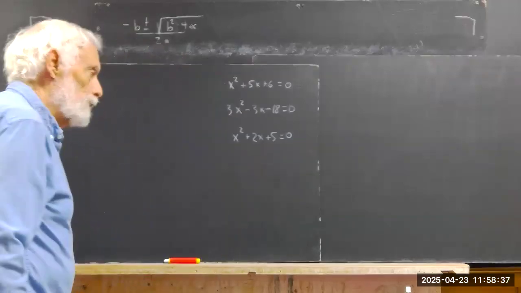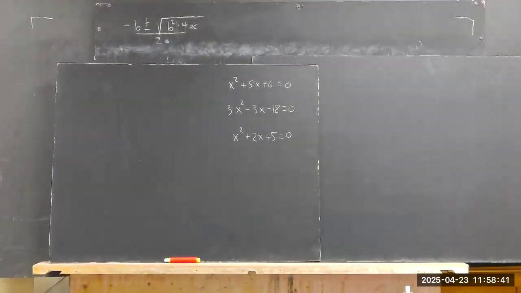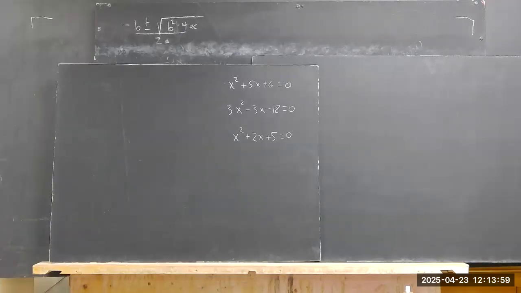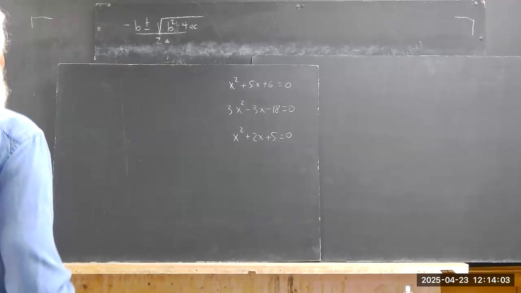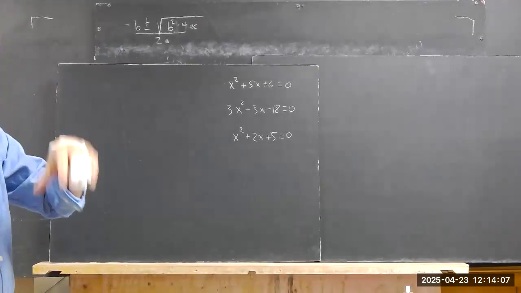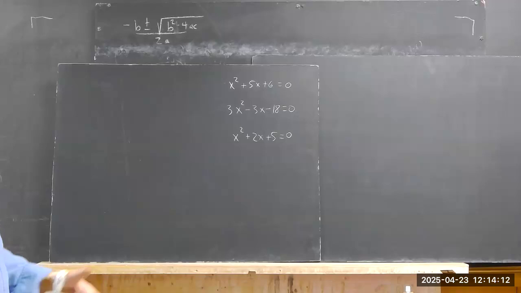And x squared plus 2x plus 5 equals 0. I'll give you a few minutes to work on those, and I'll just come around and see how you're doing. Okay, everybody is doing real well with this. Sometimes there's a little error that you want to catch now so you don't get hung up on it when you do them for homework.